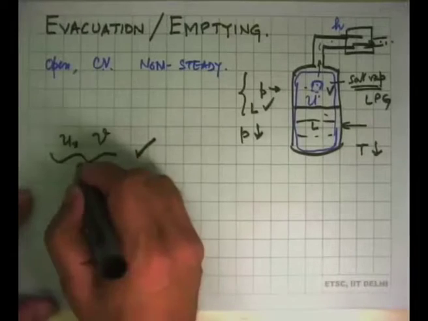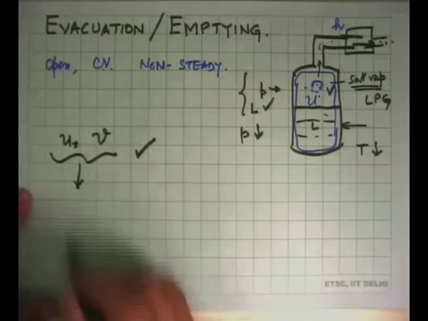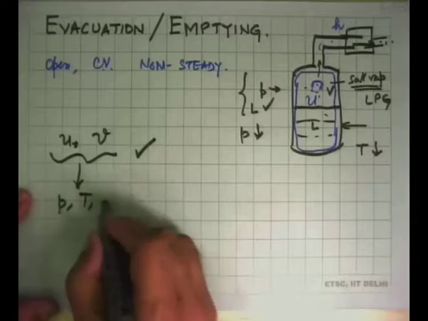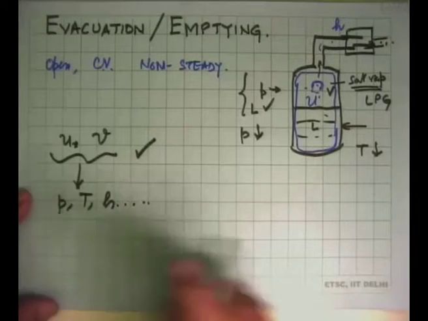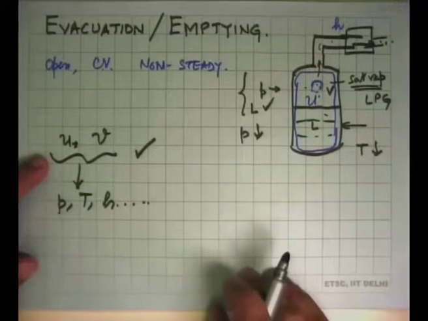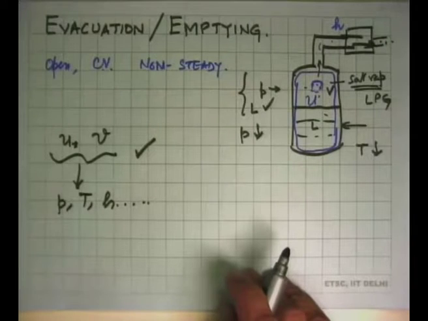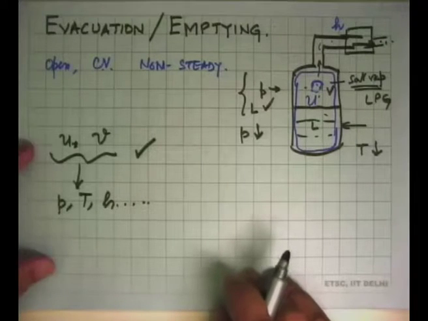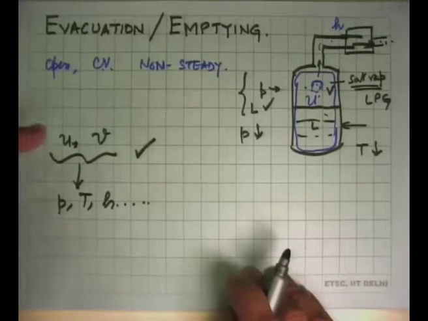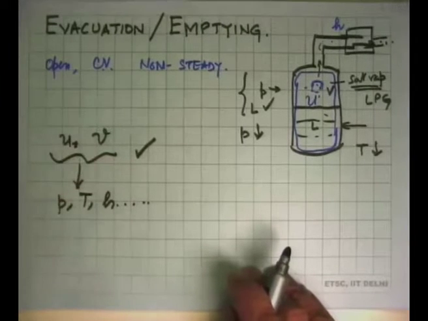But we do not have any nice property tables which tell you that if you know U and you know V, this is the way to calculate P, T, H and all the other properties. This is complicated, quite troublesome, and in some cases you have to do iteration, and even online programs very rarely, if ever, give you the option that you specify U and V and it will tell you what the state is.